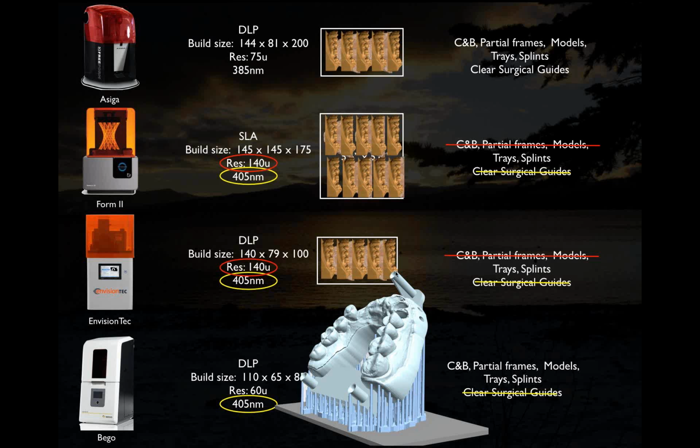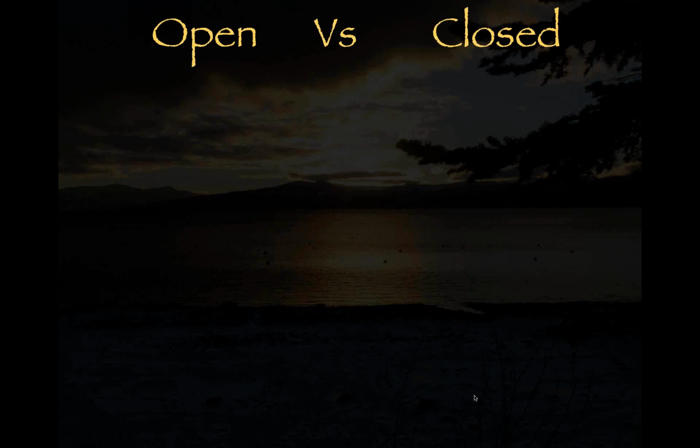And now you're really increasing the Z-axis, and a build like this will take many hours to do, as opposed to maybe about an hour and 10 minutes if it's laying flat. So probably more like 4 or 5 hours to do this. Again, though, the 405 eliminates clear surgical guides. So this is the kind of stuff that's really important for you to be thinking about when you're looking at printers and weighing their abilities versus their cost.